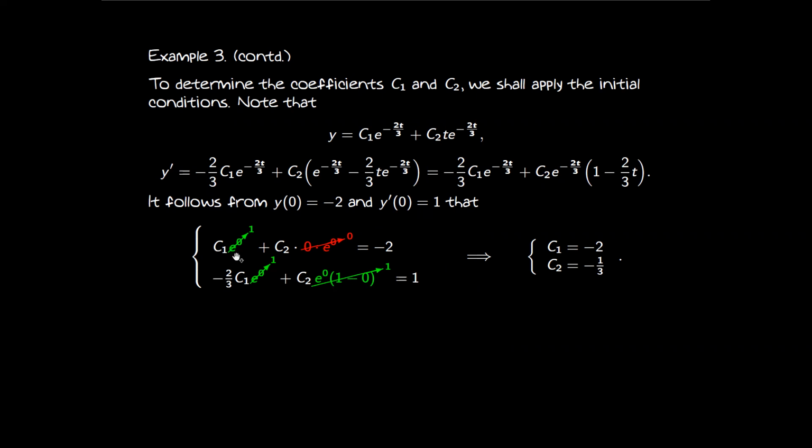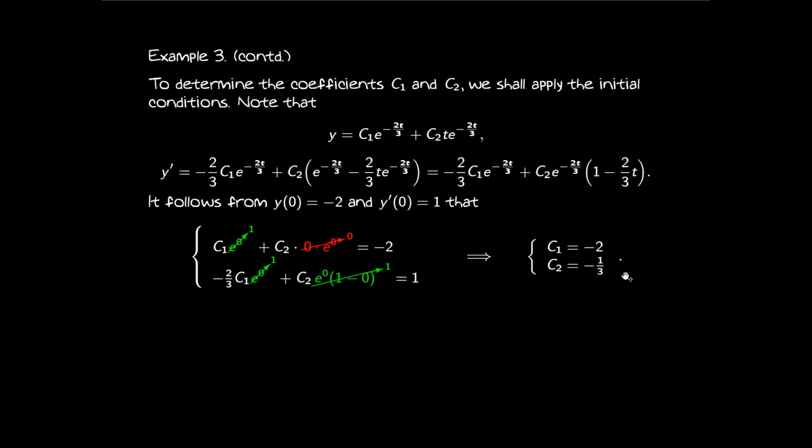Then you can plug C1 equal to negative 2 into the second equation. Negative 2 times this will give you positive 4/3, plus C2 times 1 is going to be 1. That means your C2 is going to be negative 1/3.